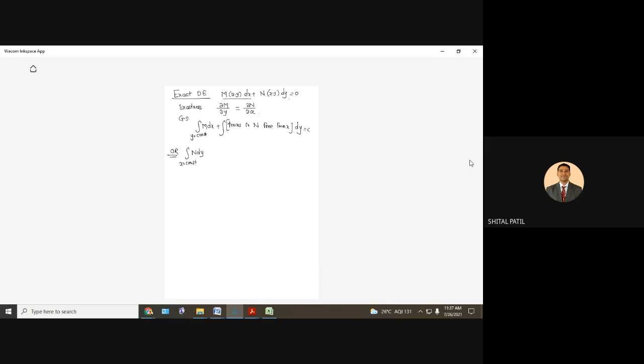N dx, x is constant, plus terms in M free from y, dy equal to constant. Then remember one thing, when a differential equation is exact, what are the possibilities? The differential equation contains mixed terms.